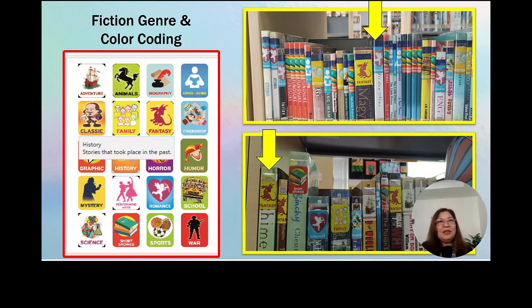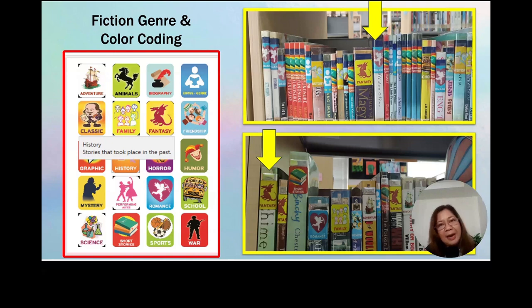So we sat down together and customized a symbol for each specific genre, for example, adventure, animal. These are customized. And these stickers are placed on the spine of the book so that every time a student comes to the library and asks the same questions, we direct them to the fiction area and ask them to explore the different genres of books.